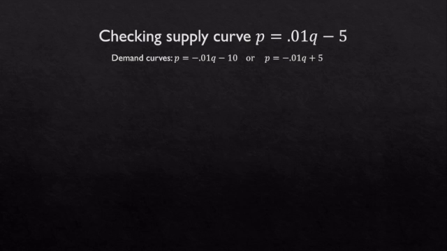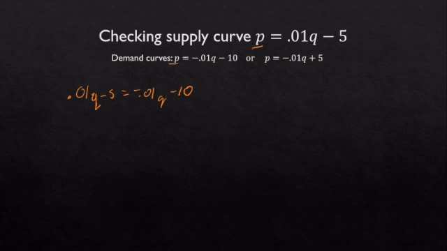I'm going to set my supply curve equal to each of my demand curves and see what happens. So bear with me for a second, gang. So if I have my supply curve, 0.01q minus 5, which is equal to p, and my demand curve, negative 0.01q minus 10, which is equal to p, I can go ahead and solve this.